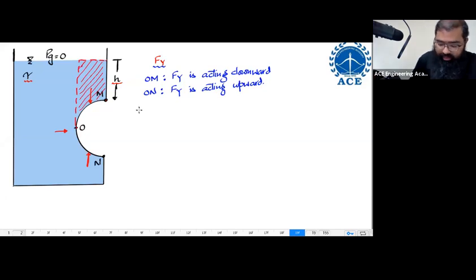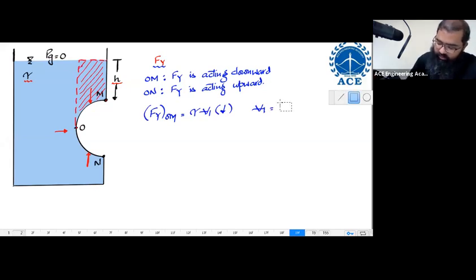So I can say Fy on OM is equal to gamma times volume V1, and this is in the downward direction. And volume V1 over here is the volume represented by this kind of hatching.